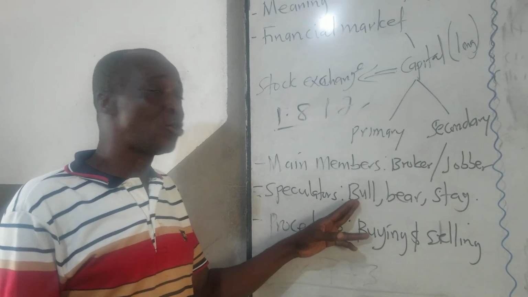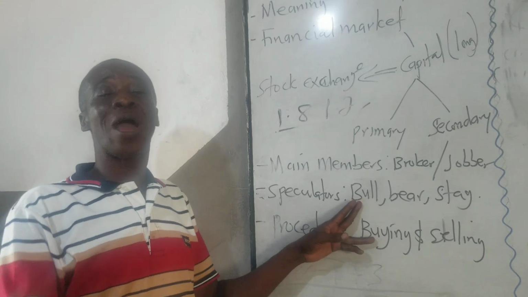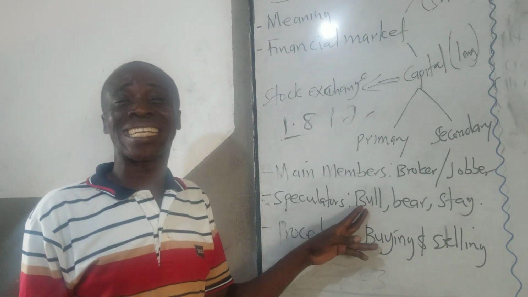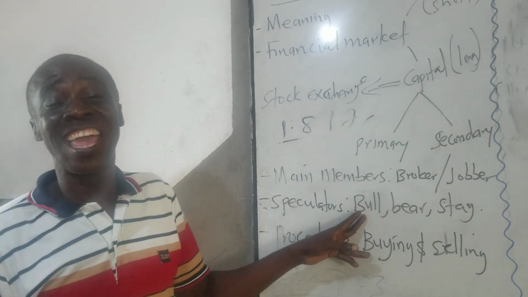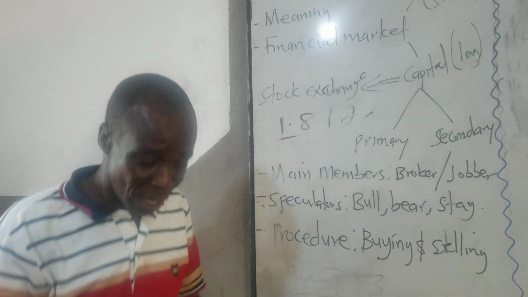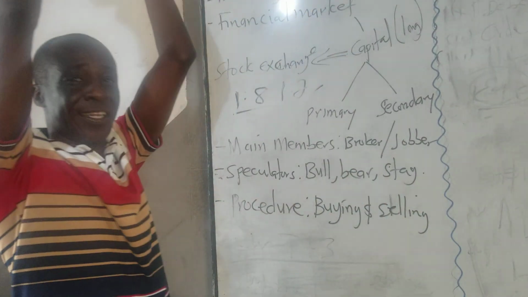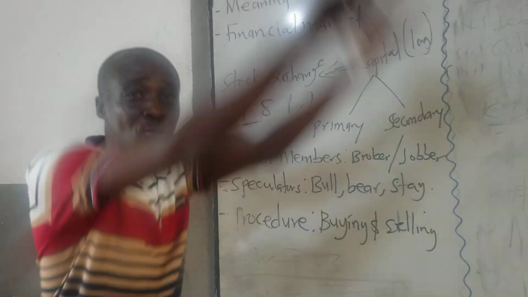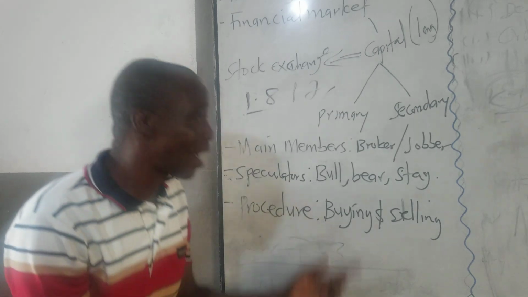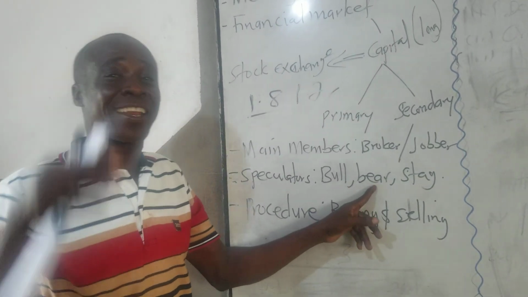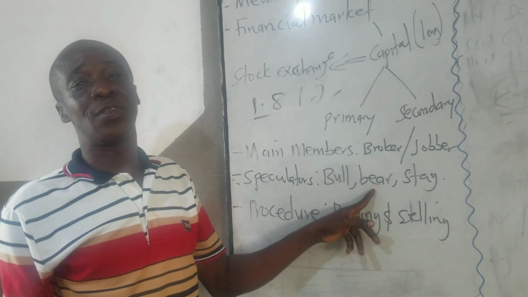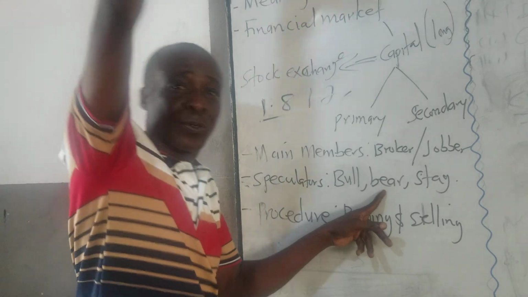Why did they use the animal bull? Go and find out how the bull attacks its enemy with the horn. It starts from down and then it attacks you like this, from down to up. So that is why they say bull. And the bear, find out how the bear attacks its enemy. From up to down.